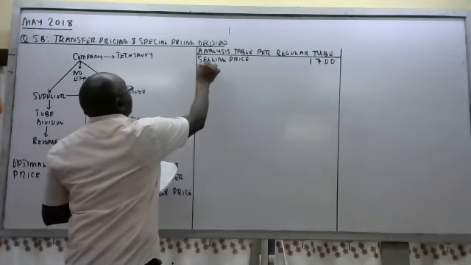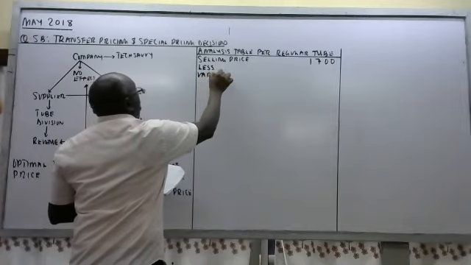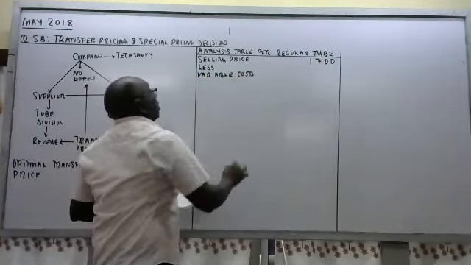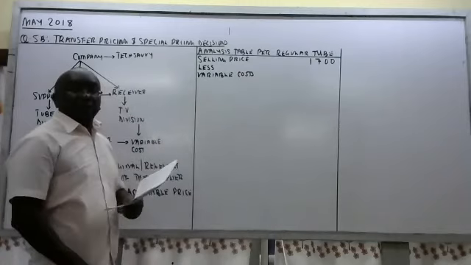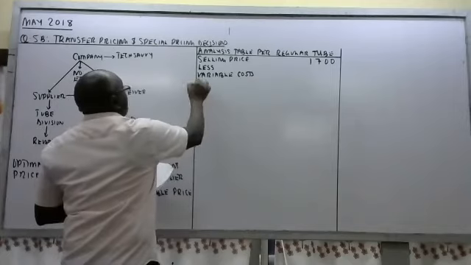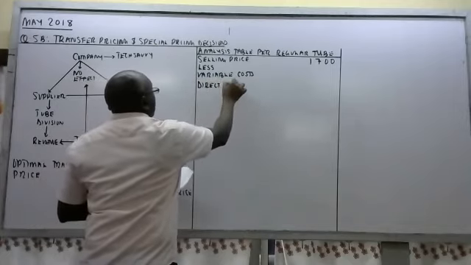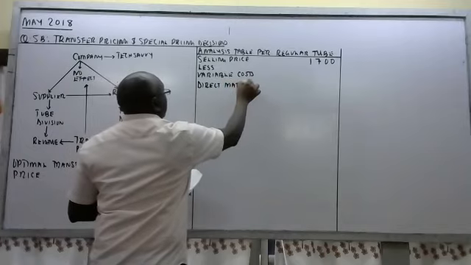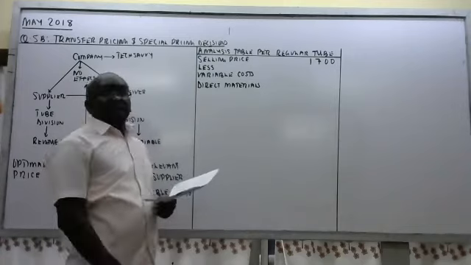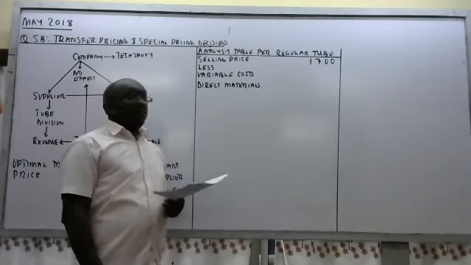You less variable costs. If you look at the breakdown that is given there, the first one is direct materials. Remember, any cost that is called direct is a variable cost, although not always.